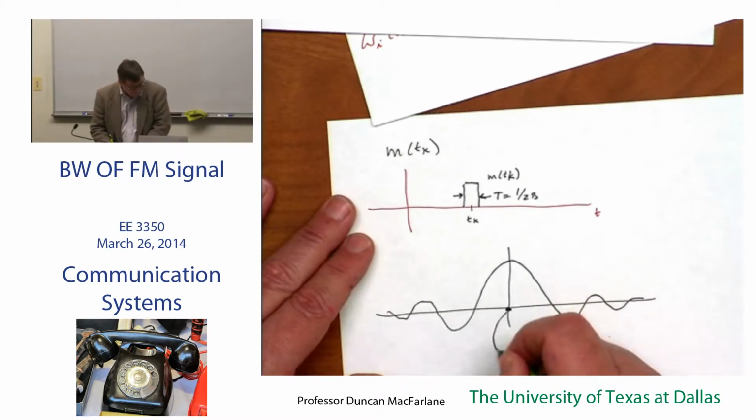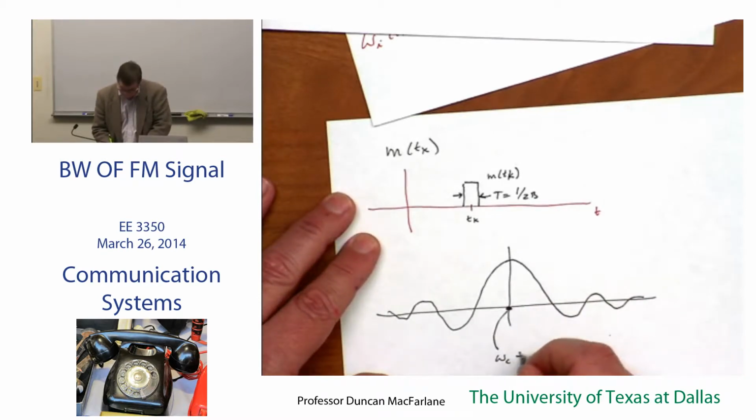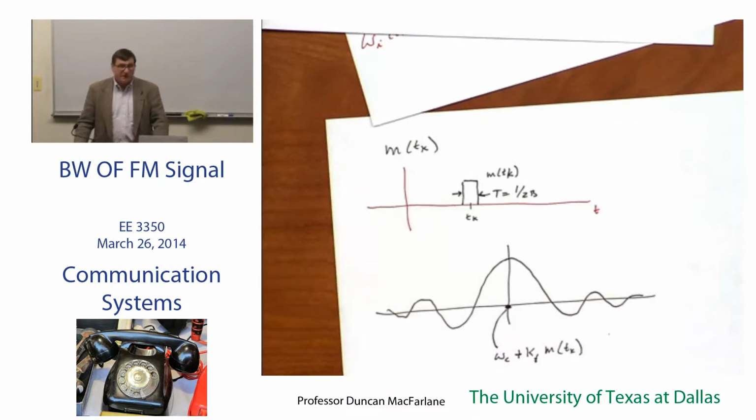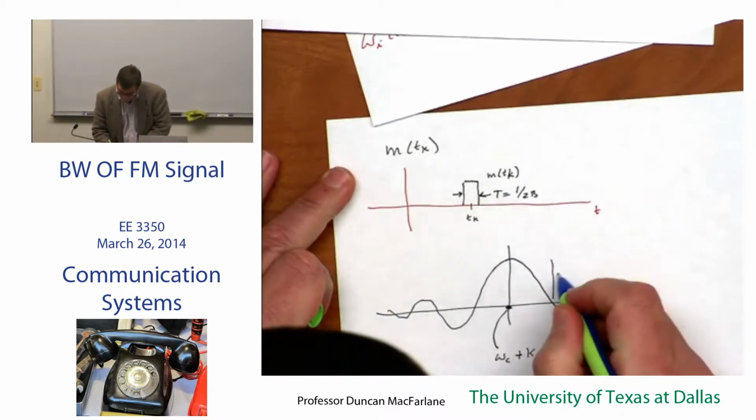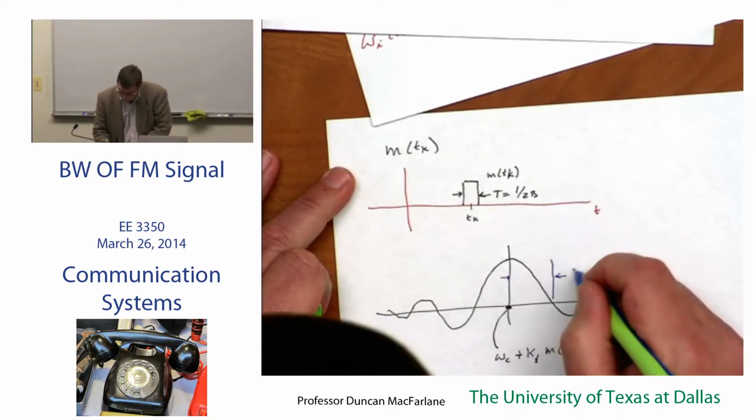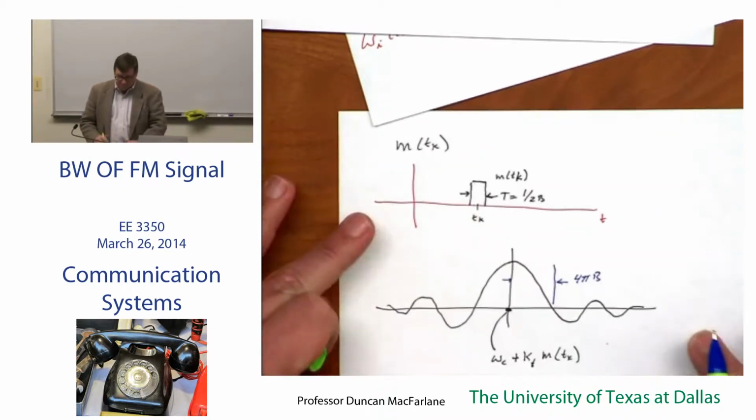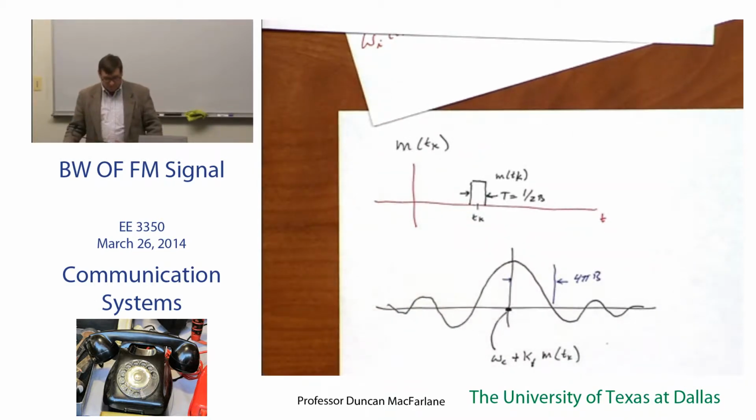and it's going to be centered at the instantaneous frequency of the signal. The distance from there to there goes as 1 over capital T. In this case, it's 4 pi b. Don't worry too much about the constants.